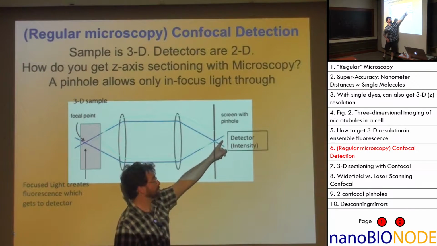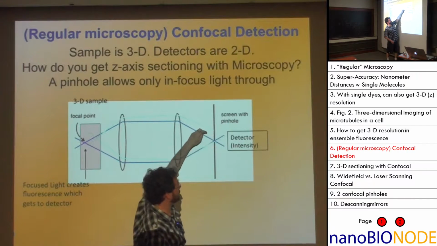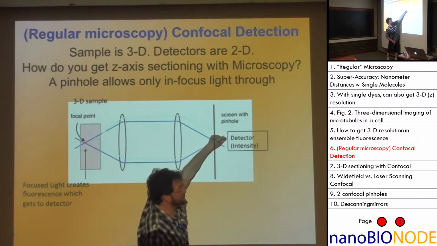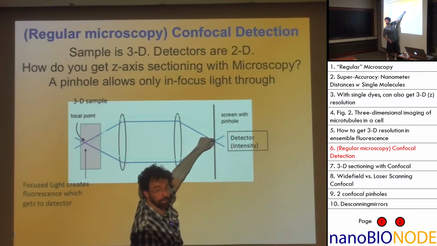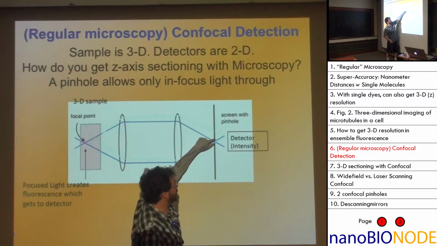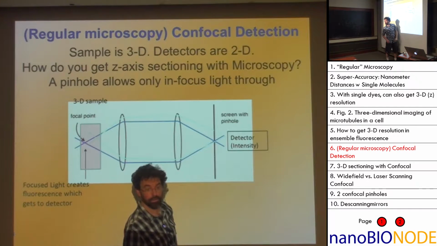And the reason it's showing up there is because there's light converging to that point, and given that the pinhole is really small, the amount of area that this passes is this little bit due to the pinhole.